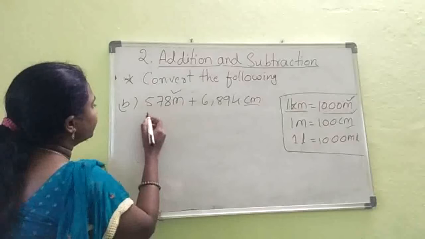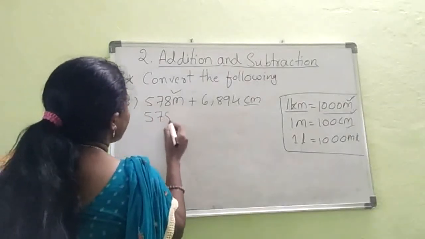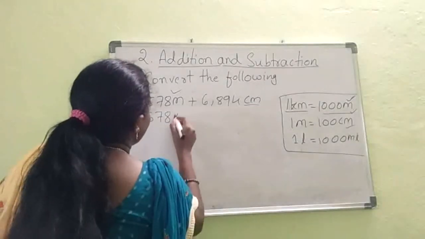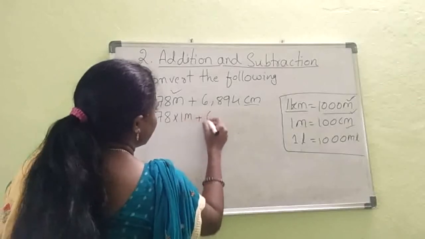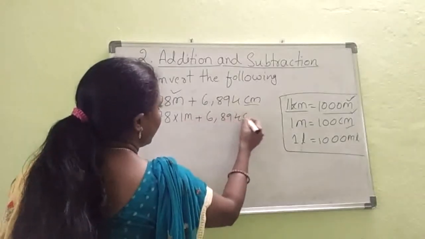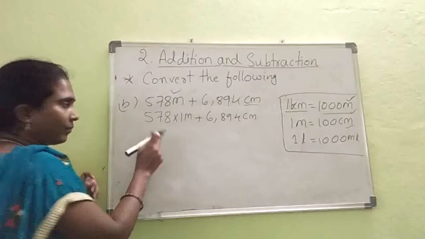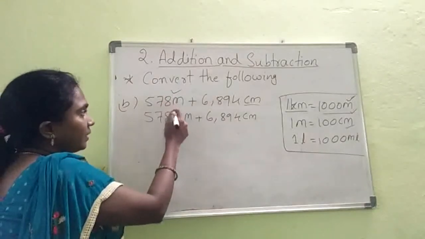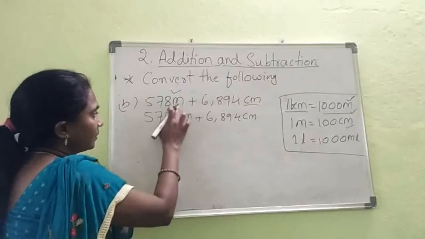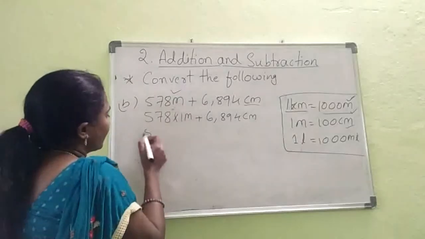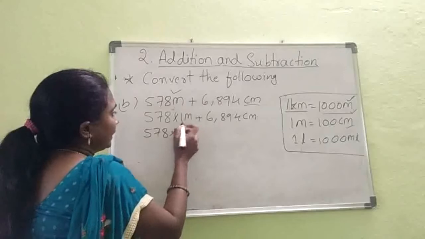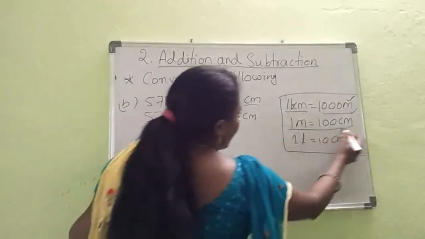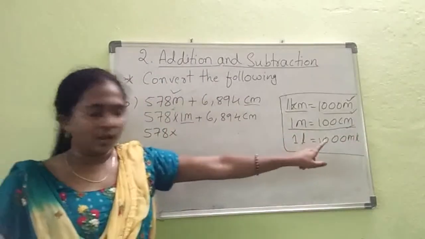Okay, now first step, 578 into 1 meter, right? Here, 1 into any number, you will get the same number, that means you will get the upper step, right? Next, 578 in place of 1 meter. 1 meter equals, what is the value we have in the standard?